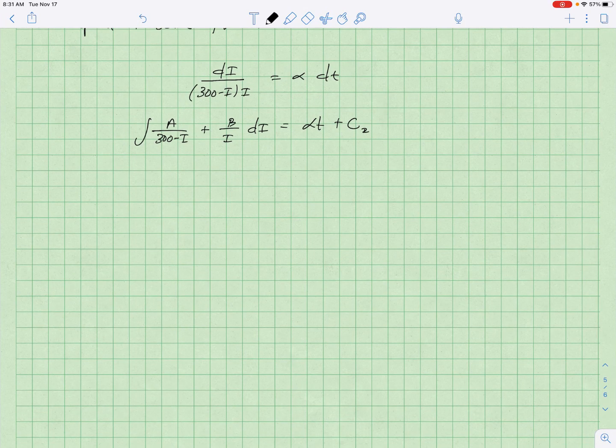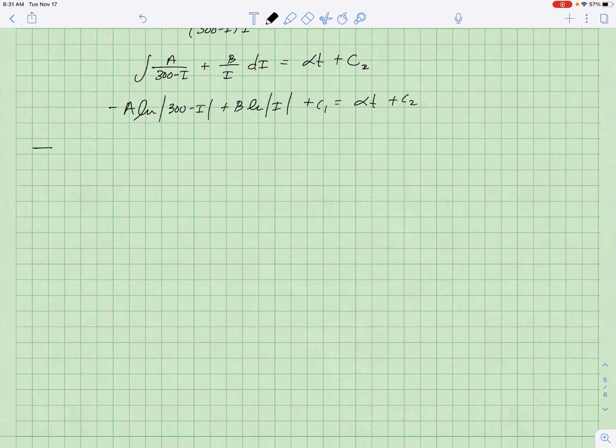And then this is going to be negative A times the natural log of 300 minus I plus B times the natural log of the absolute value of I plus C1 is equal to alpha t plus C2. And because this is logistic growth, I know that A is equal to B is equal to 1 over the carrying capacity from our last video, which in this case is 1 over 300.